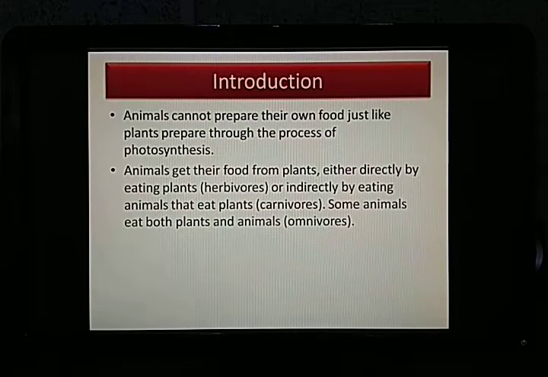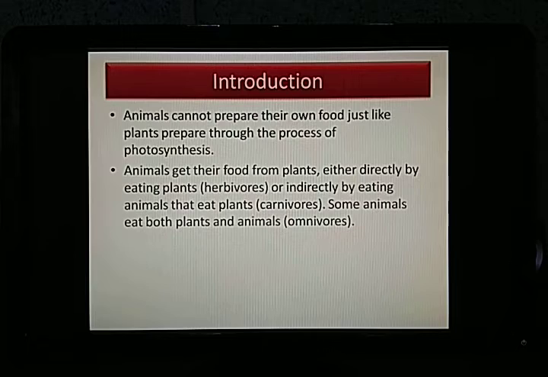etc. And there are also some animals which are dependent on other animals for their food. They are not dependent on the plants. They are only dependent on the other animals. They are called carnivores, like lion, tiger, etc. Similarly, there are also some animals which eat both plants and animals.